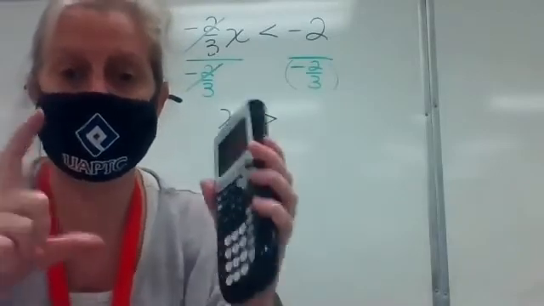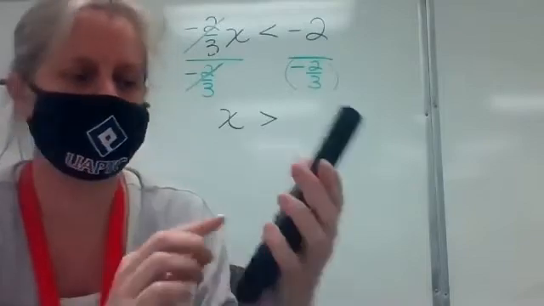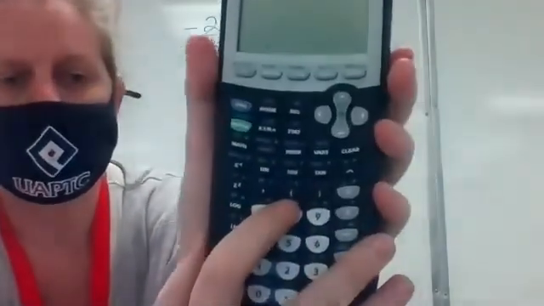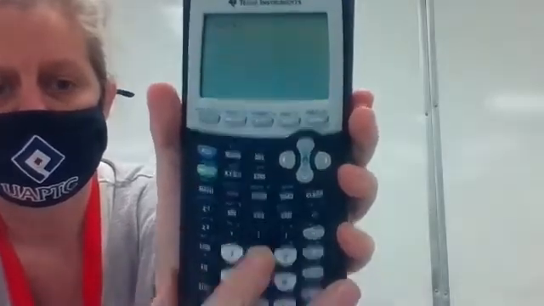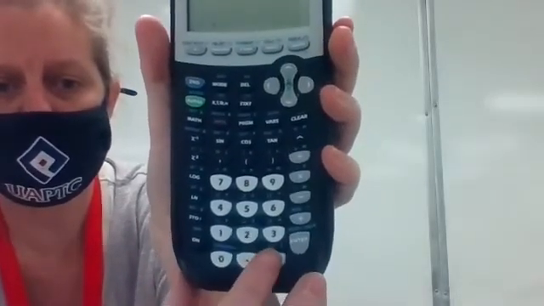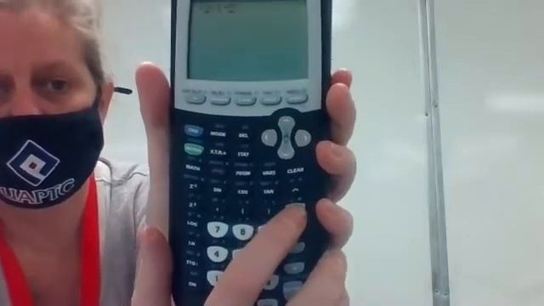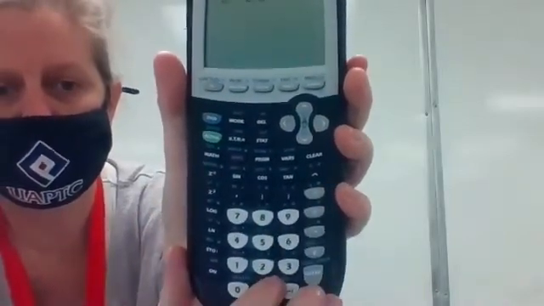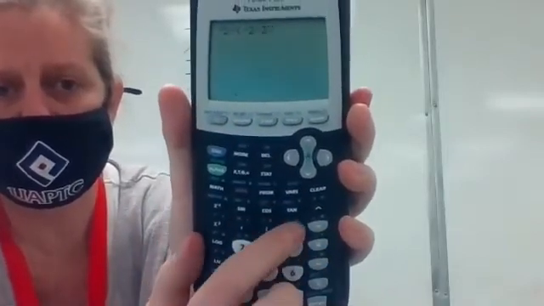I want to divide by negative 2/3. I want to do that whole thing as its own fraction. So that's why I'm going to do an open parentheses, then type in negative 2 over, which will be divided by 3, and then close your parentheses.